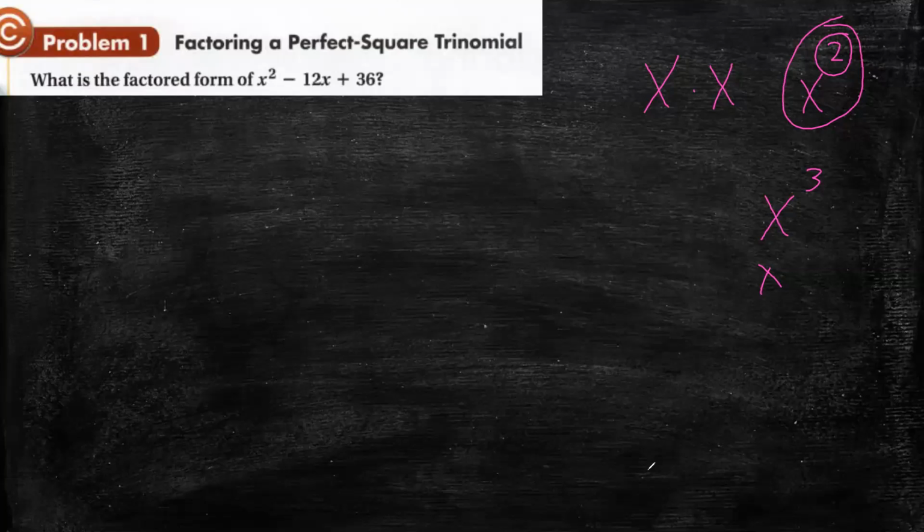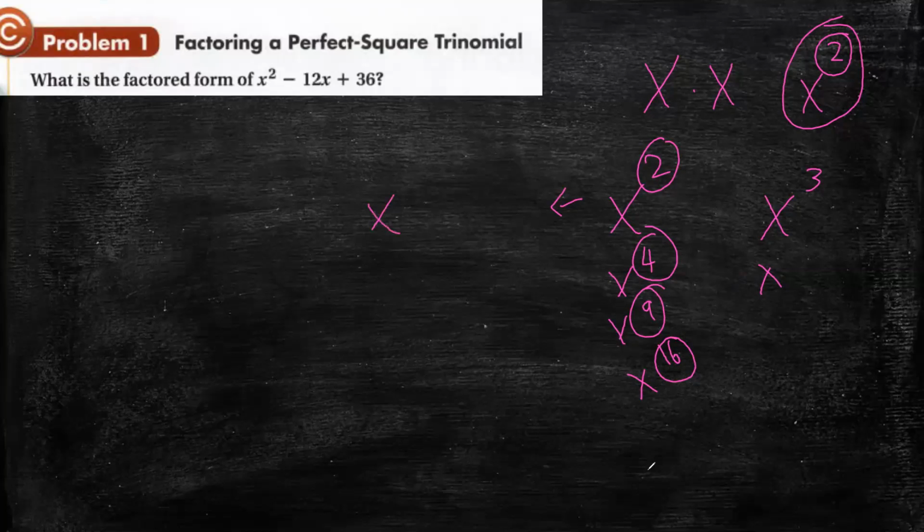It must be x squared, x raised to the power 4, x raised to the power 9, x raised to the power 16. The same perfect numbers that we talked about. That means this one is x times x, or x squared times x squared.